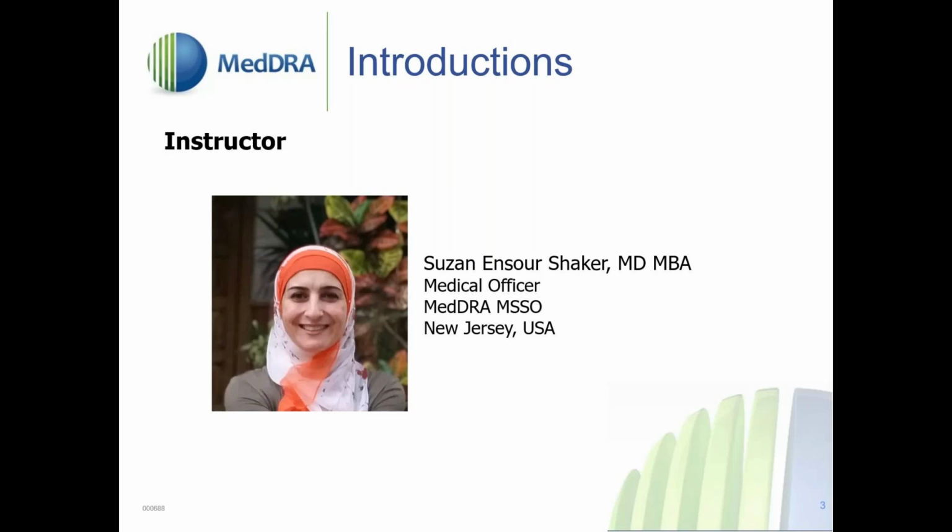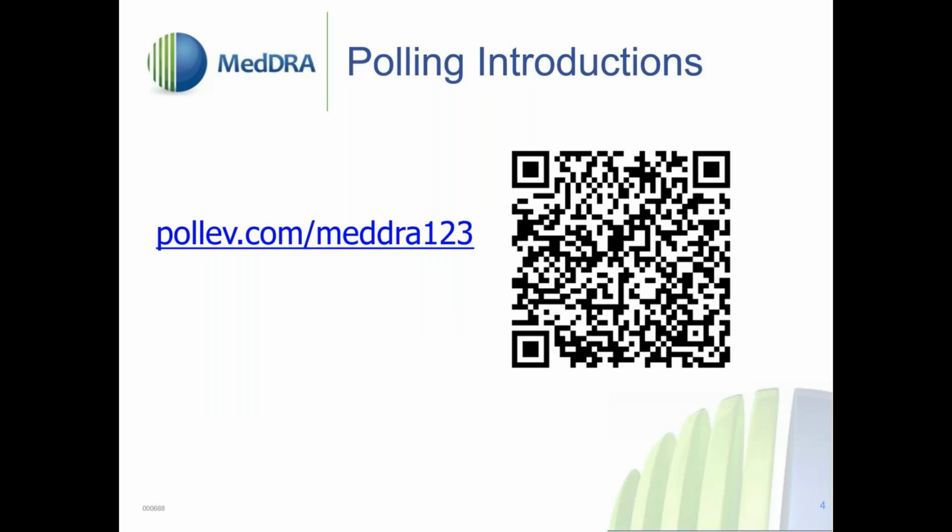Since this webinar offers an interactive session in the second half, you'll be using a tool called Poll Everywhere to do some hands-on exercises. At this time, I invite you to please access Poll EV. You can use either the QR code on your screen or the URL in your browser. You don't need to enter a username if prompted.